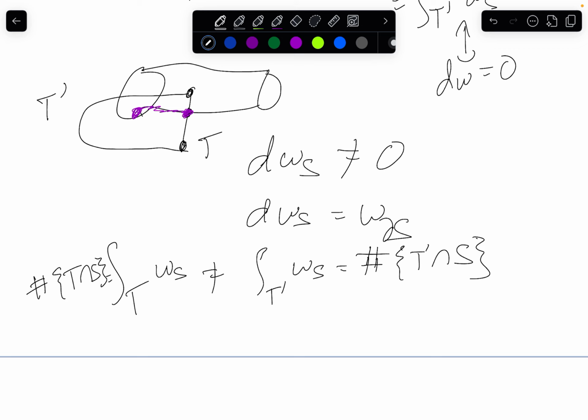And so what's the issue here? The issue is that before you pass the boundary, you're still going to have this intersection point. But once you pass the boundary, the intersection point disappears.